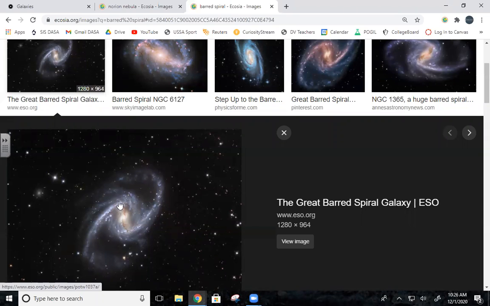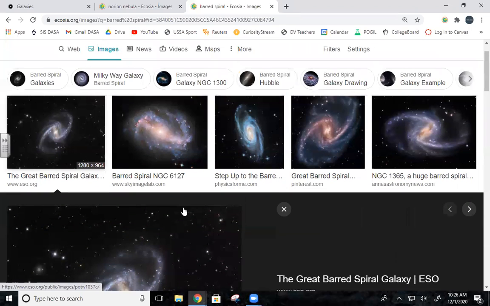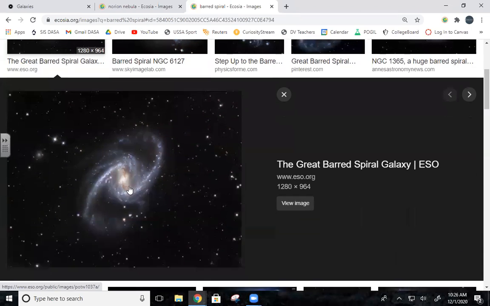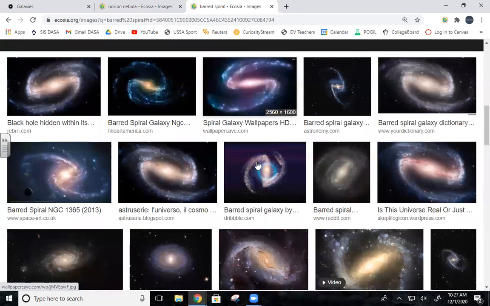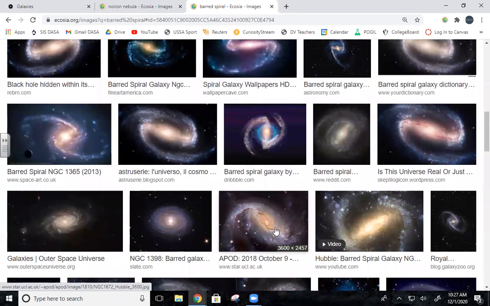So you can see this bar. So spiral galaxies, sometimes they have this weird straight line down the middle of them, and then they get spirally. So this is a barred spiral. But yeah, there's different kinds.